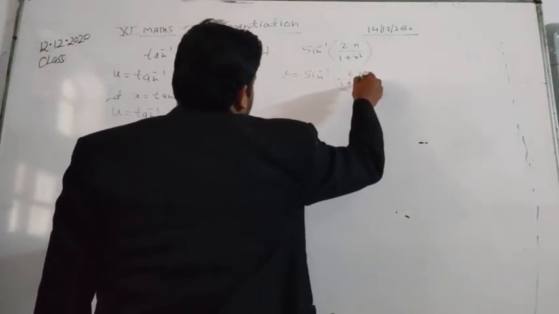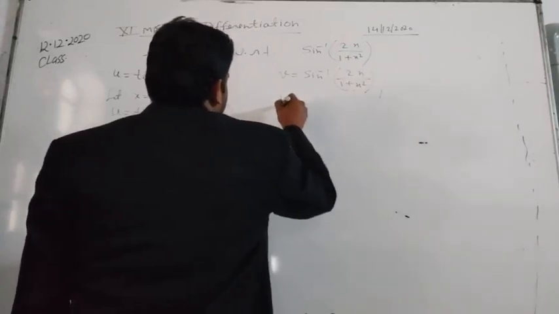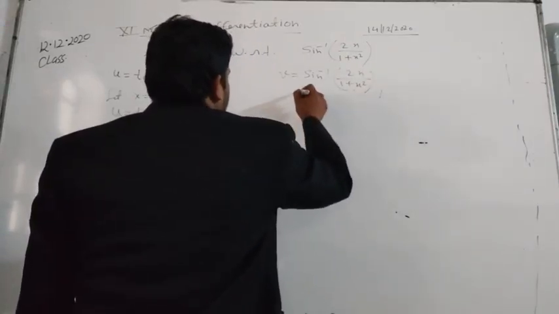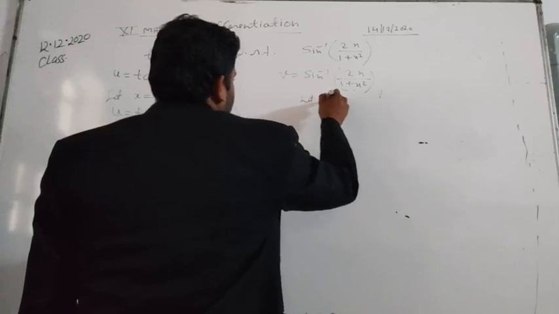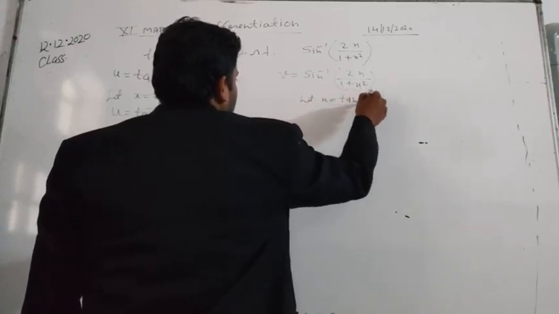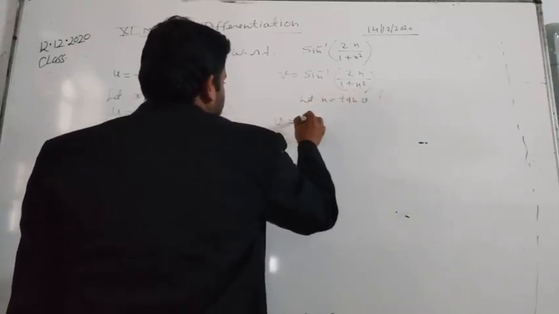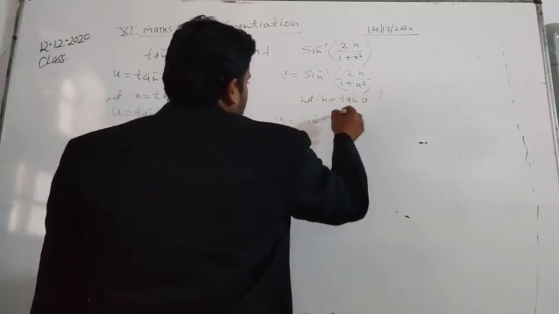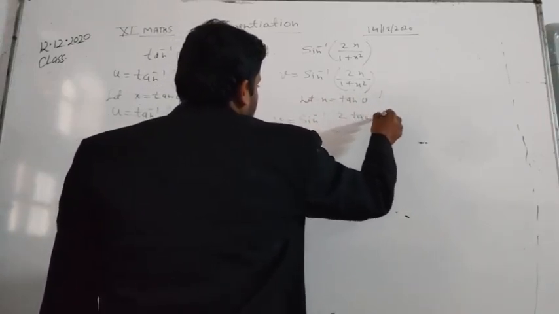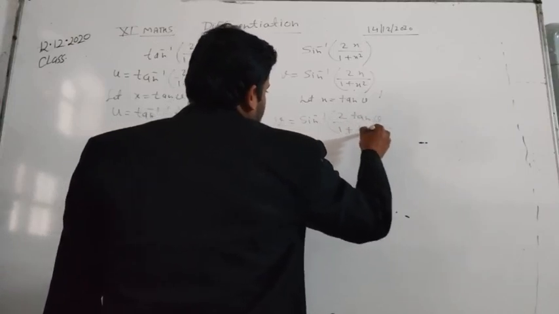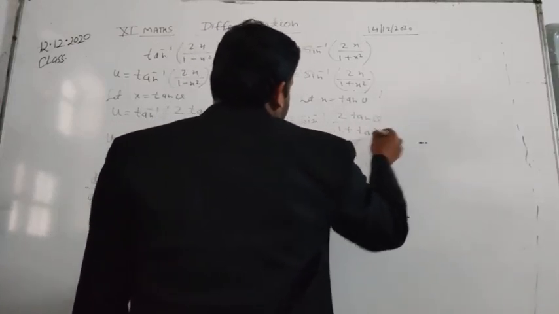Now v is sin inverse 2x upon 1 plus x square. Take again x is equal to tan theta. We get v is sin inverse 2 tan theta divided by 1 plus tan square theta.